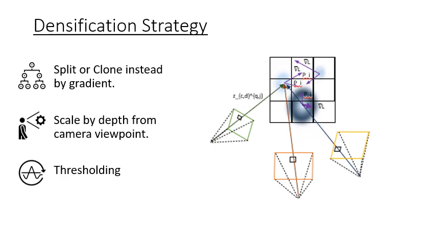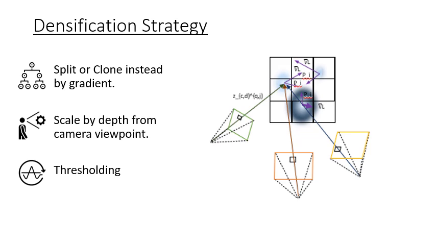One problem that we saw with this was that as the densification happens, we get a lot of floaters around the camera, and this was purely because certain Gaussians from different perspectives weren't being accounted for. So when they get thresholded, they get split as they are close to the camera. In order to reduce the likelihood of splitting close to the camera, we scale by the depth from the camera.